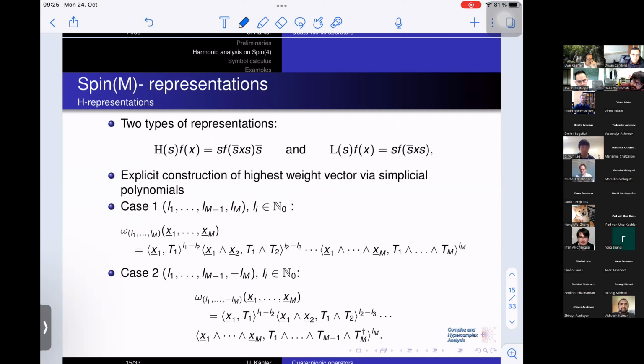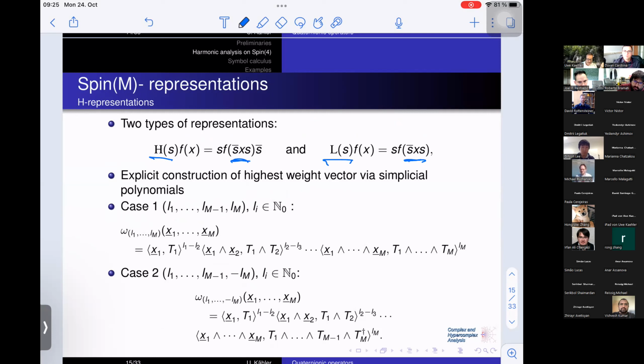That comes mainly from physics. For us, let's say we have the H and the L representations, where you have the action of the spinor itself, and then you either multiply from the front, or you multiply from the front and the back with the same thing.